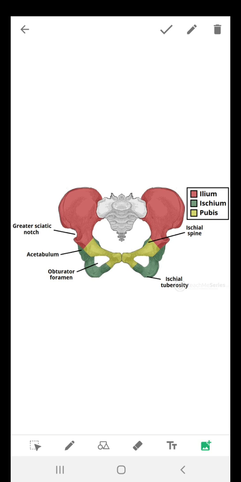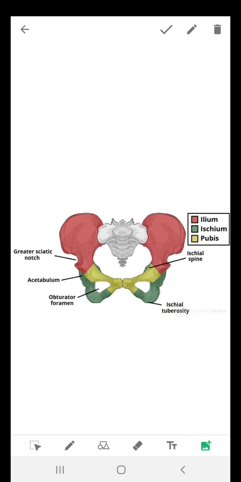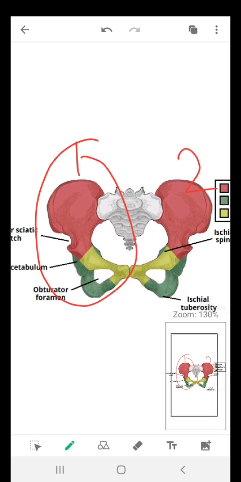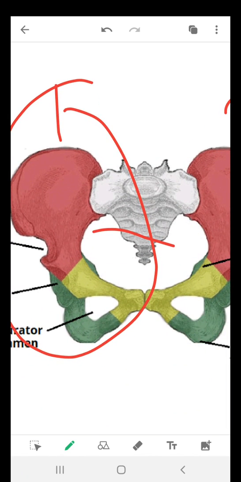Since we are going to be talking about the pelvic bone, we won't be talking about these two. We have one here, and we have this other one here, but we are only going to be talking about one of these.